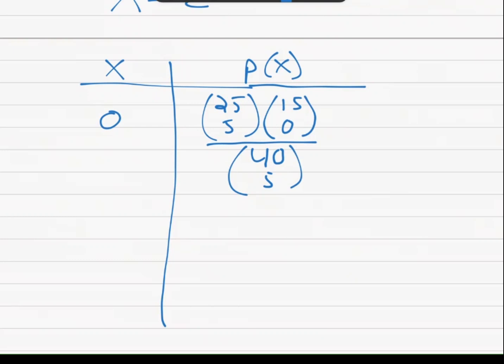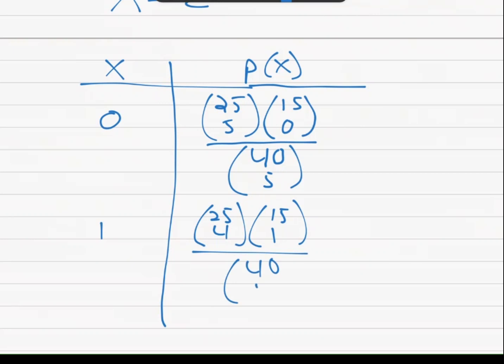Okay. Well, the pattern isn't perfectly clear yet. Let's do it for one piece of good candy. If she gets one piece of good candy, then Renata has gotten 25 choose 4 bad pieces of candy, and then 15 choose 1 good pieces of candy, and still this denominator is 40 choose 5. Okay, so maybe the pattern is getting a little clearer.